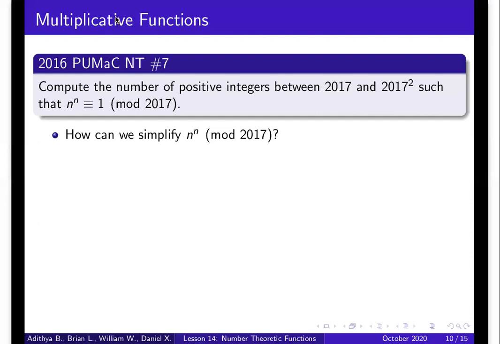Yeah, so one thing we can do is first take n mod 2017, but that doesn't really help us. We can't really do this in the exponent. So is there anything else we can use to simplify the exponent, or at least reduce it to a smaller integer?